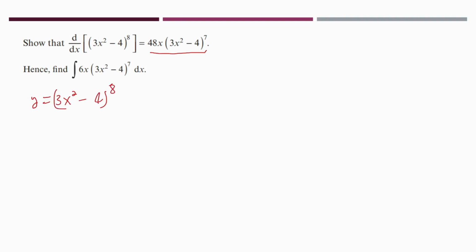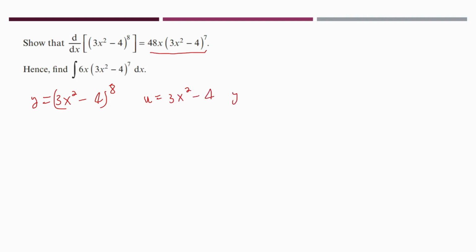Alright, so now there are two ways to solve this question. You can use the chain rule, or that differentiation of inside into the differentiation of outside, but let's use the chain rule, even though it's longer but it explains more. So let's say we take another variable like u, and we make it 3x square minus 4.